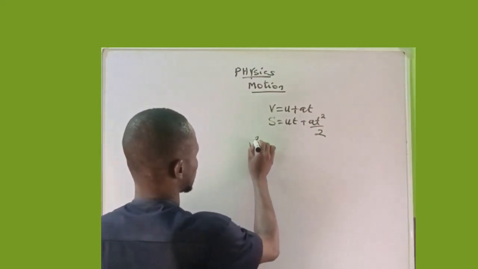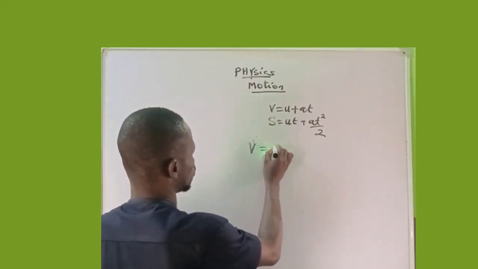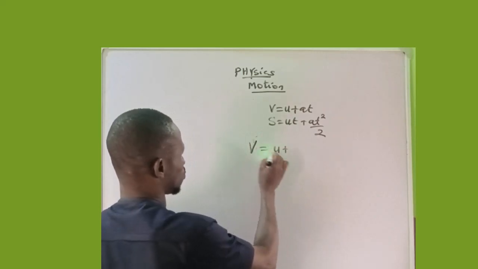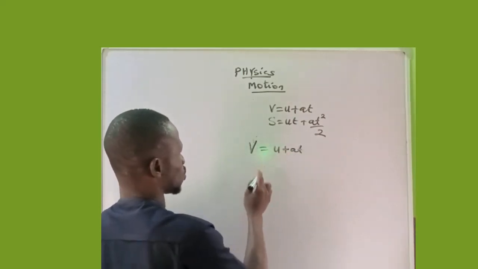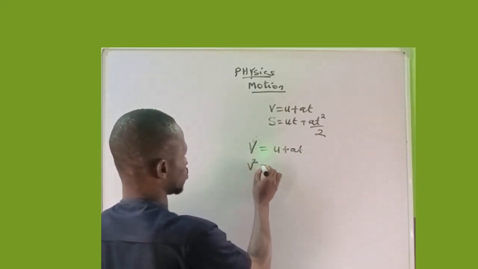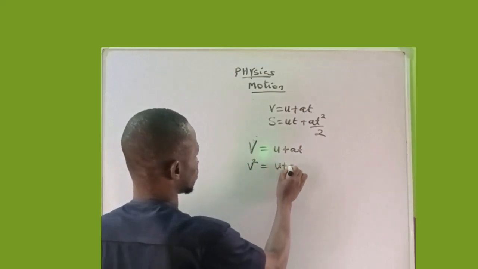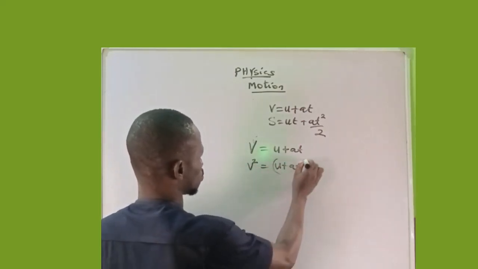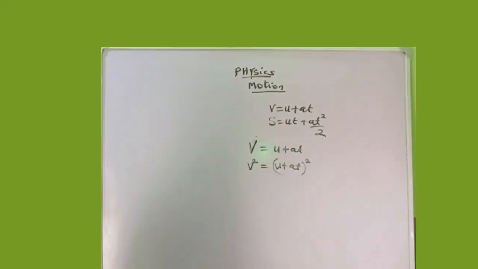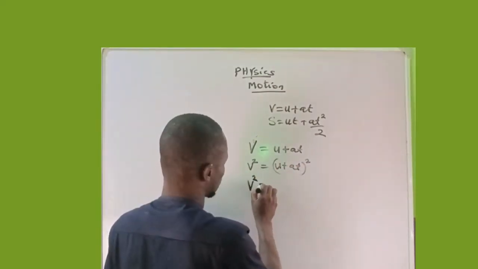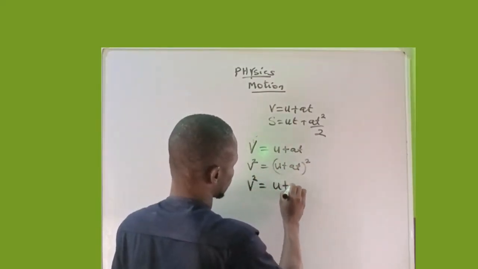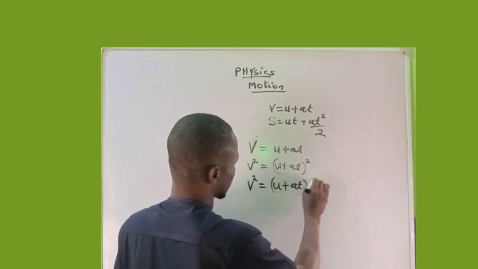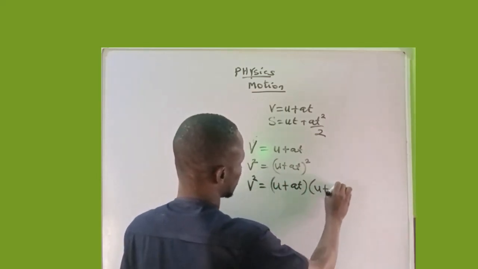V square, if V is equal to U plus AT, square both sides. V square equal to (U plus AT) all square. If you square both sides, you are going to have V square equal to (U plus AT)(U plus AT).